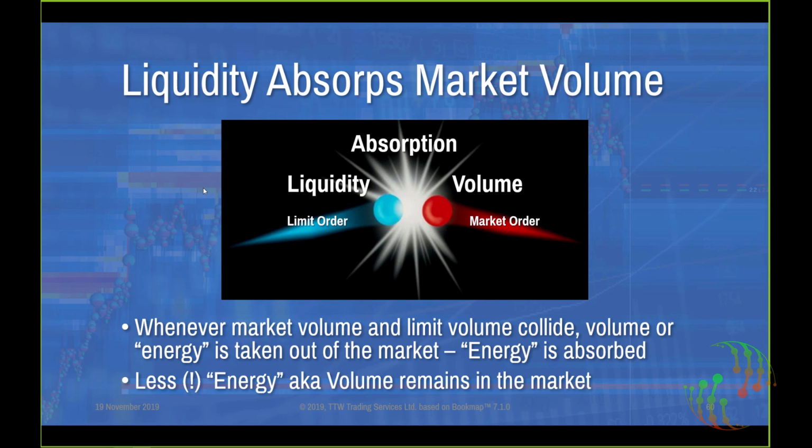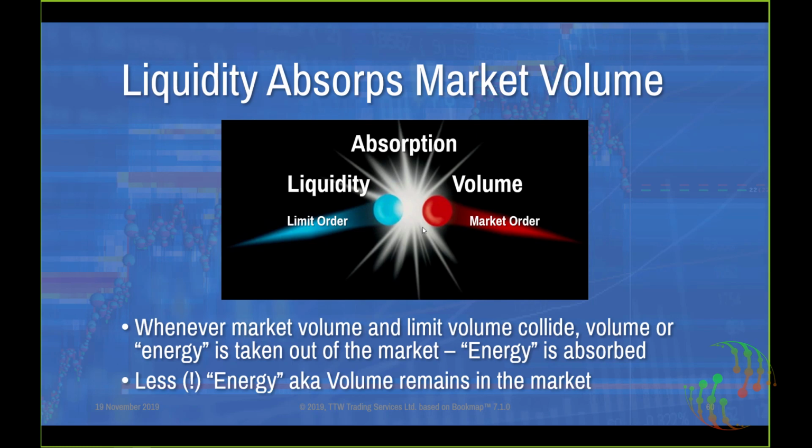Maybe this picture is not accurate enough because it suggests that there's energy. But what I wanted to say is simply, if liquidity and volume collide, then those traders are out of the market. They are not in the market. The business is done for them.